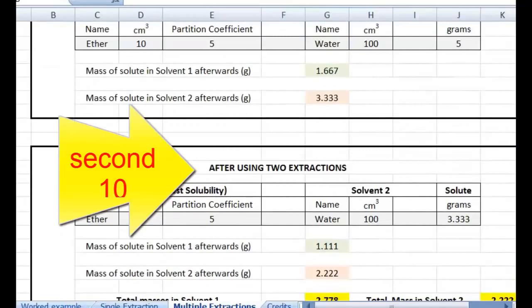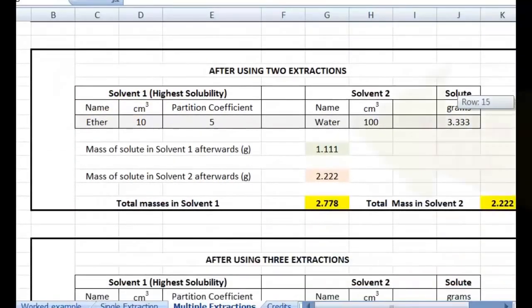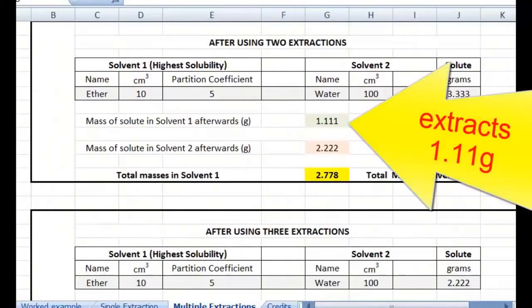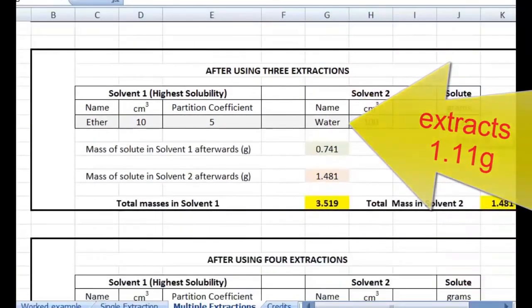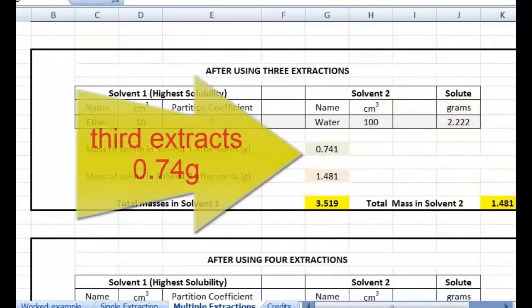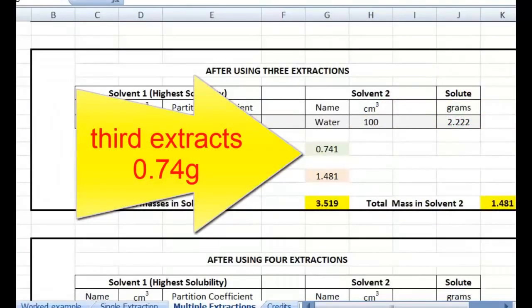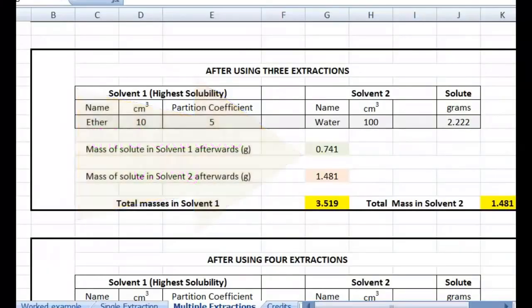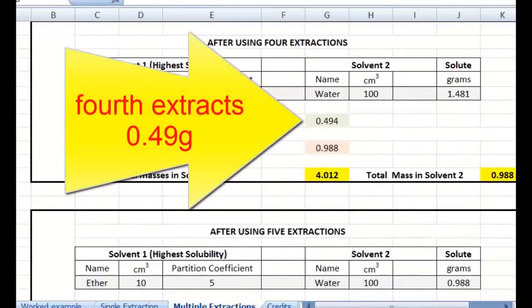Then the second set of 10 cubic centimeters, you can see it removes 1.111 grams with 2.222 grams at this stage left in the water, and in yellow 2.778 grams in total extracted into the ether. The third 10 cubic centimeters of ether extracts 0.741. Seems to be a mistake in yellow there. Disregard that.